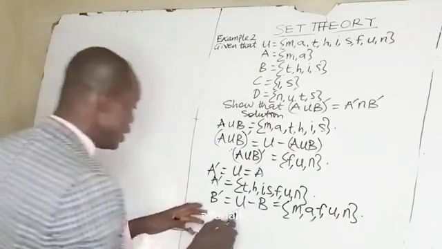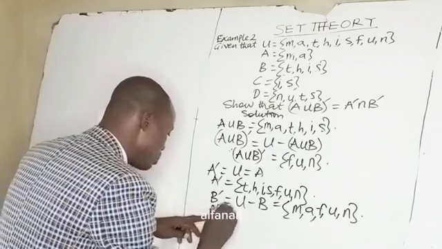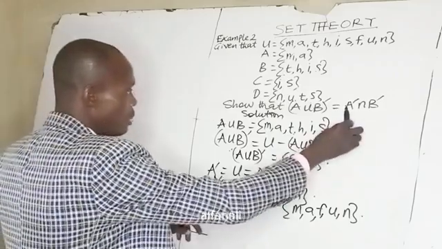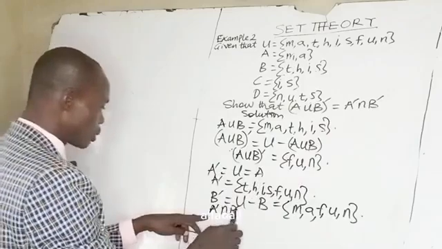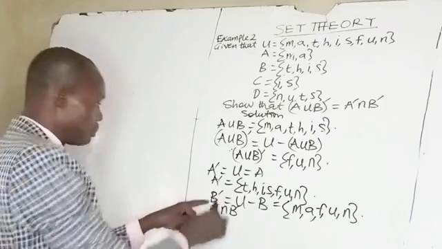And finally, you need A prime intersection B prime. That is what you need. That is what you have in A prime that are also in B prime.